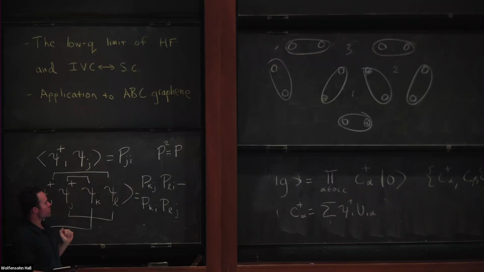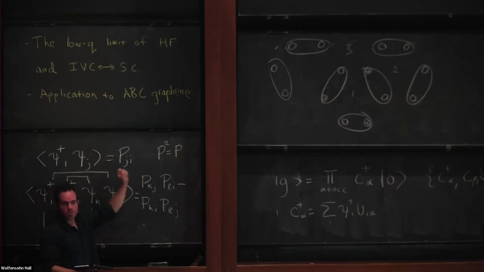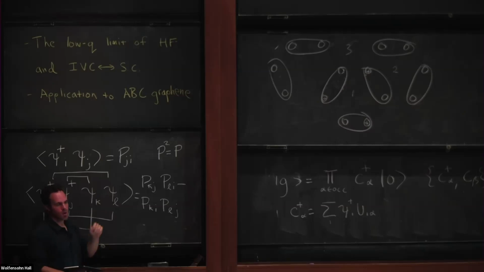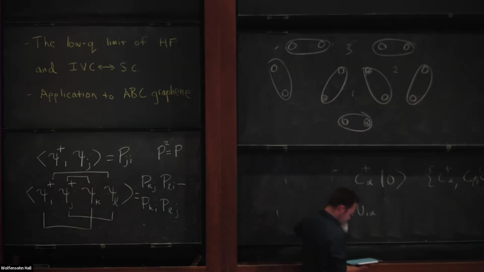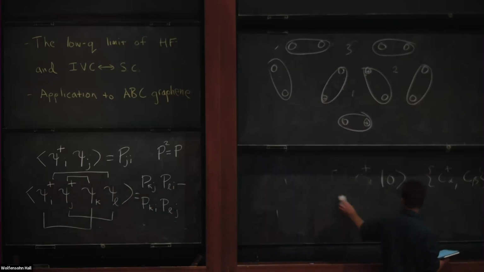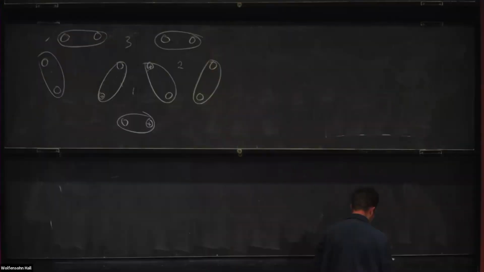So the nice way to do Hartree-Fock is not to keep track of U, but instead to just keep track of this correlation function P. And I can think of P as being the variational parameters rather than U, though it's subject to the constraint that P squared needs to be equal to P. I had a constraint in terms of U as well. That was U dagger U, so you have a constraint either way. Okay, so my variational parameters is now the space of single particle projectors.